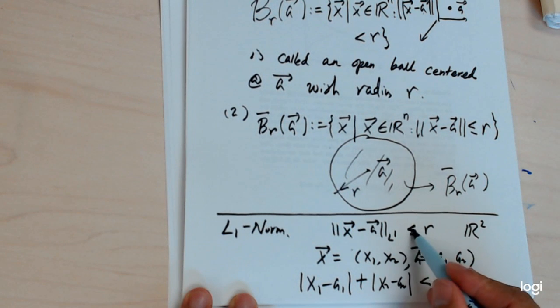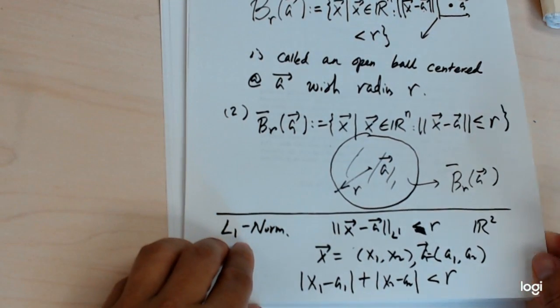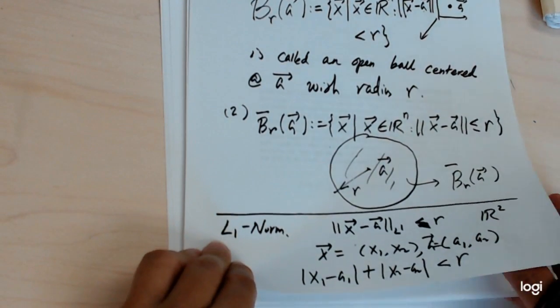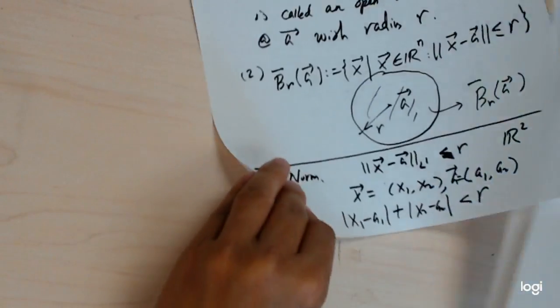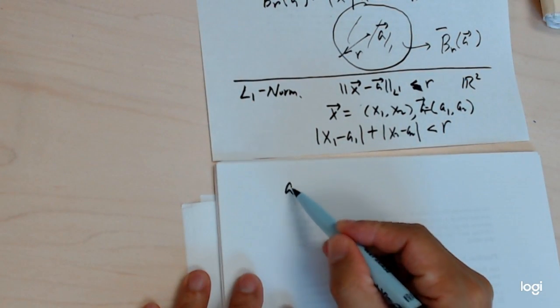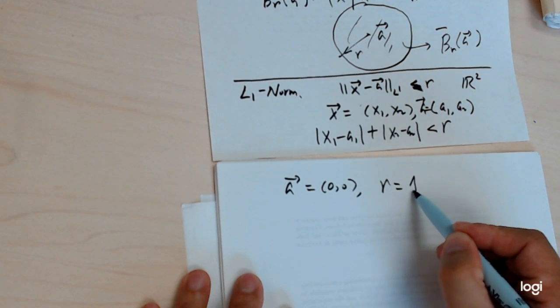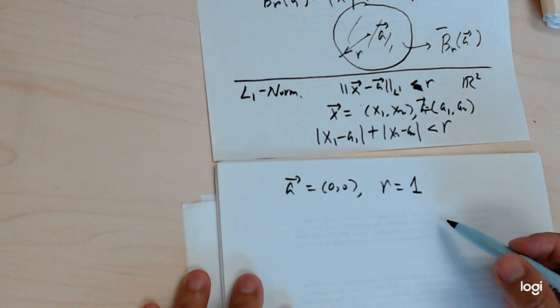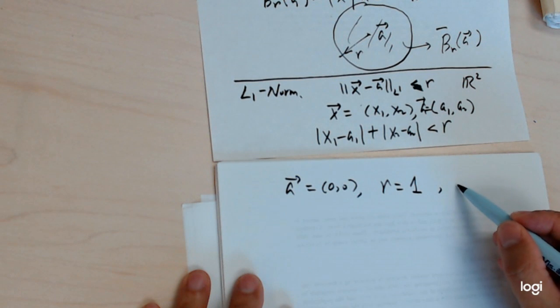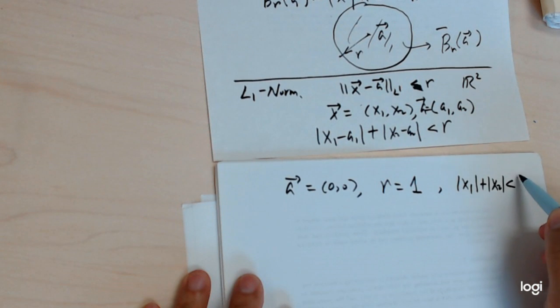Open ball. Let's pretend this point A is just the origin, and let's take R to be, say, 1. So the inequality is the absolute value of x1 plus the absolute value of x2 is less than R.